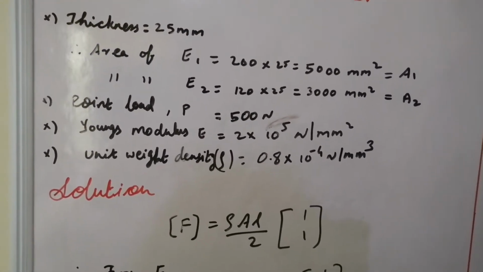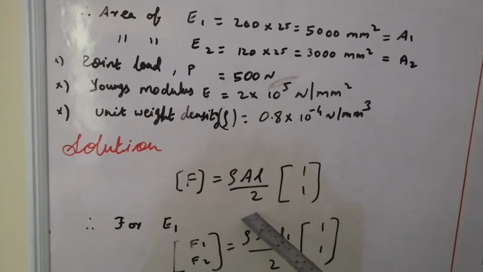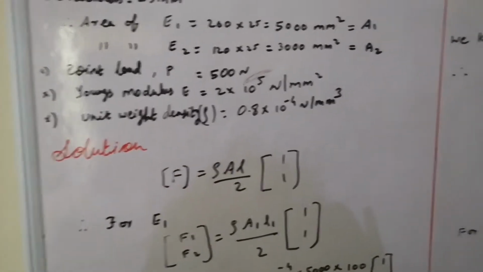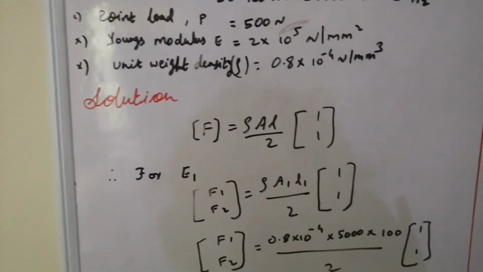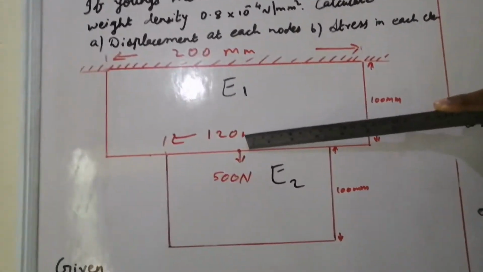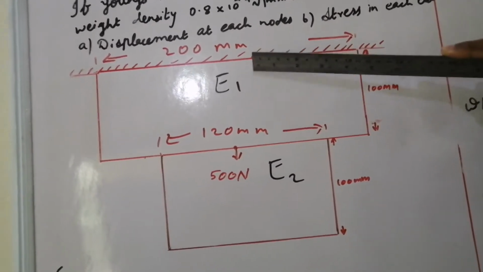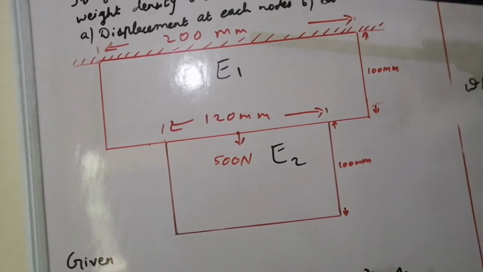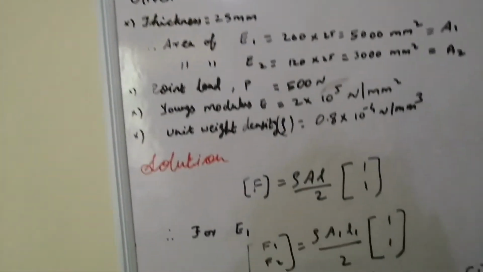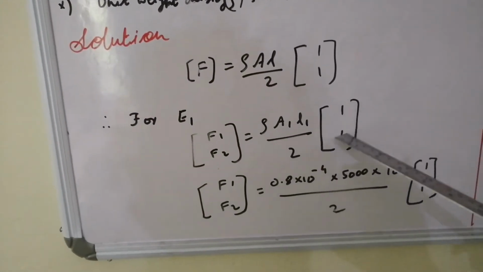And we know that the force F equals rho A L by 2 into the matrix [1 1]. For element 1, we will have F1 and F2, and two displacements U1 and U2. So F1, F2 equals rho A1 L1 by 2 into [1 1].